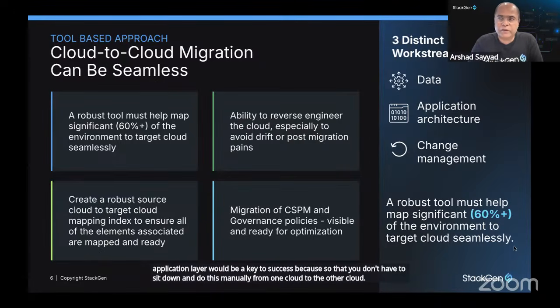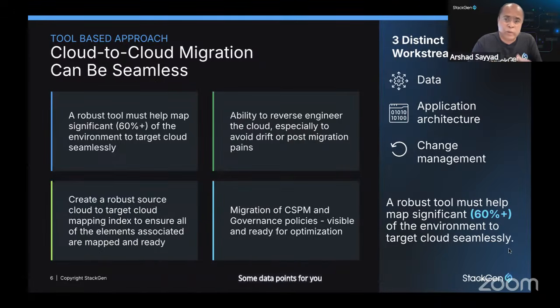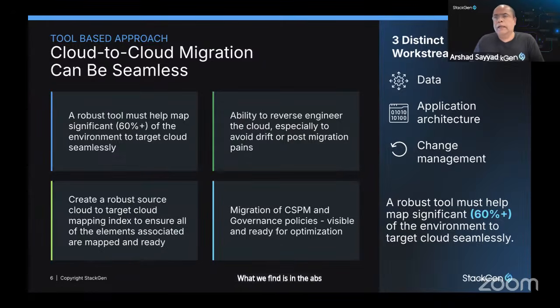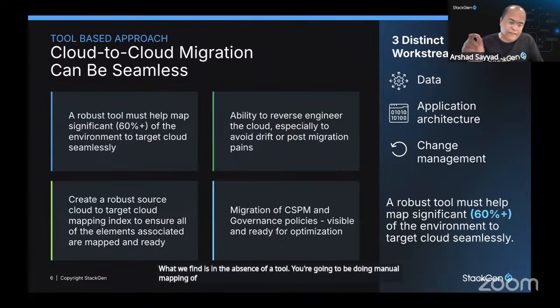Some data points for you. We are working with large clients that are doing very large migrations from one cloud to the other. What we find is, in the absence of a tool, you're going to be doing manual mapping of resources, attributes, variables, and policies, and that could take weeks or months.